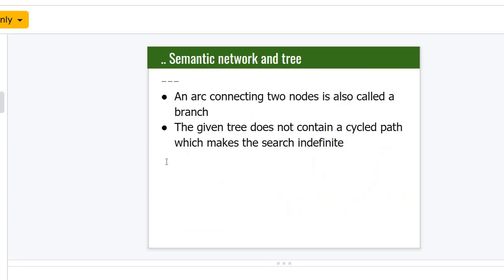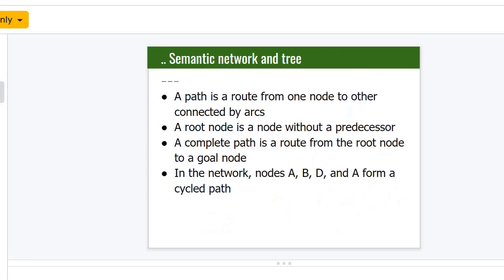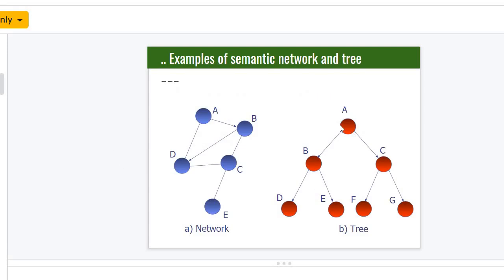Another thing: when there are two nodes in a graph, for example, you can see two nodes here, and here also two nodes. This tells about the branch, in a network or in a tree. The given tree here does not contain a cycle path.